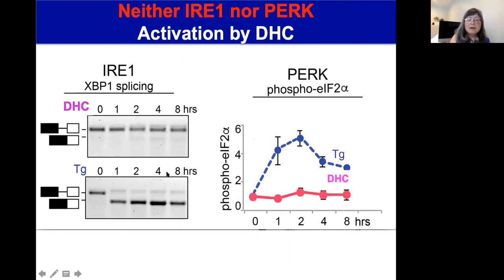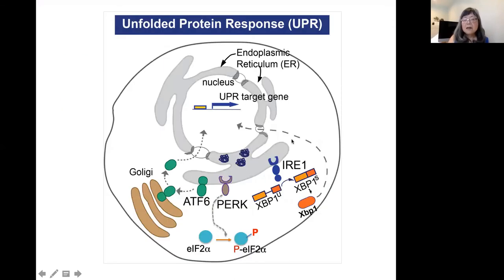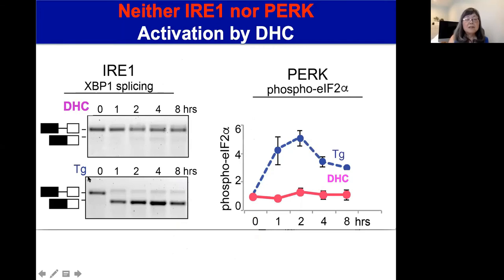Similarly, when we looked at IRE1, this component, activated IRE1 splices XBP1 mRNA, which we can detect by RT-PCR across this intron. And with thapsigargin or DTT, again, we can see the robust appearance of the smaller spliced form of XBP1.